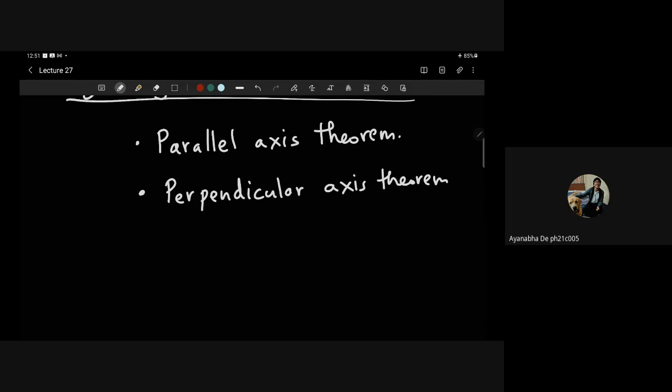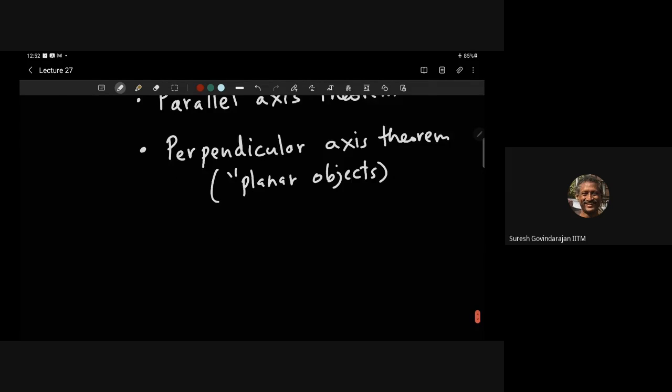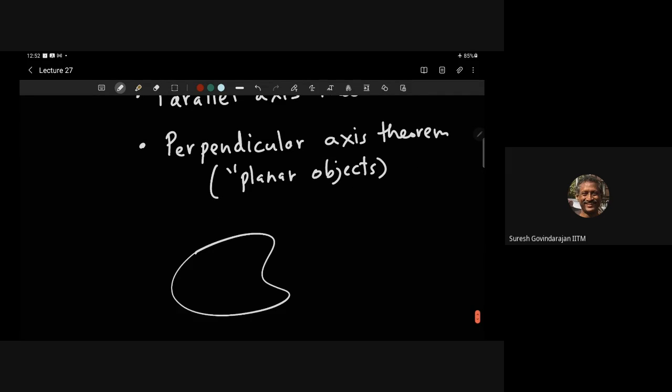The perpendicular axis theorem holds only for what are called planar objects. If you have some planar object in the 1-2 plane, it says that I33 equals, let's say, I22 plus I11, if these are the principal axes.